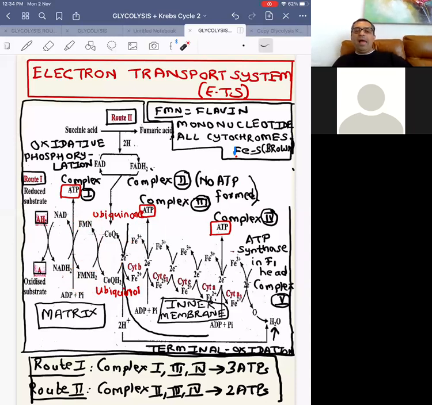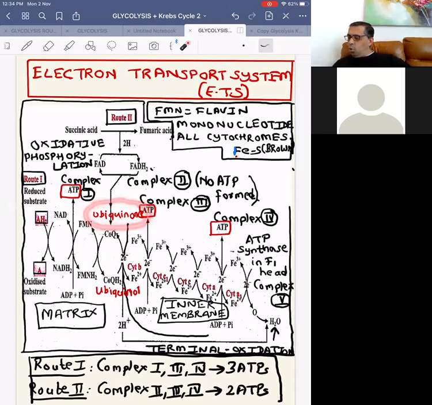And this FMN is now formed, and the two hydrogens are accepted by coenzyme Q, and coenzyme Q, on accepting the hydrogen, gets reduced to become coenzyme QH2. Coenzyme Q is also called as ubiquinone.